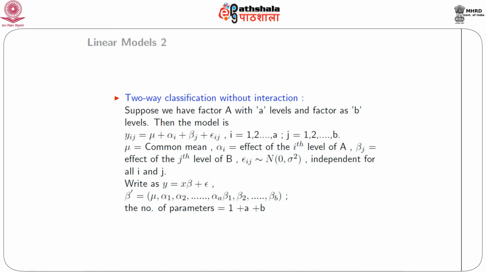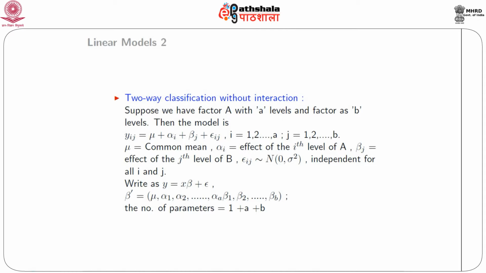Then the model can be written as y_ij equals mu plus alpha_i plus beta_j plus epsilon_ij, with i going from 1 to little a and j going from 1 to little b. Let us understand the meanings of the different symbols used. Mu stands for the common mean or the overall mean effect. Alpha_i is the effect of the ith level of capital A and beta_j is the effect of the jth level of capital B.